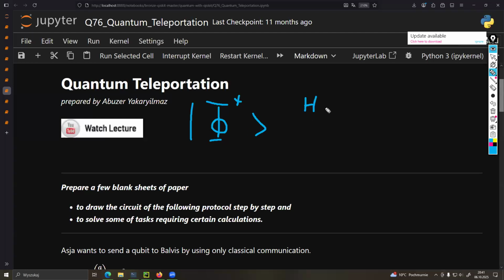One is H, and then there is a CNOT, right? And then I send one qubit somewhere completely different. Let's say I send it 4 light years away, to Proxima Centauri.